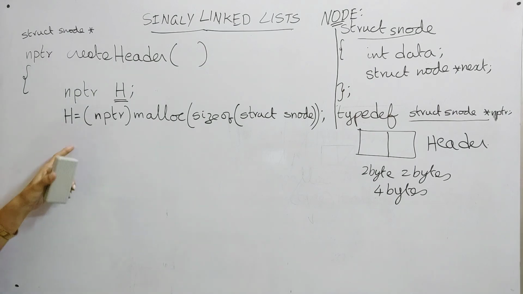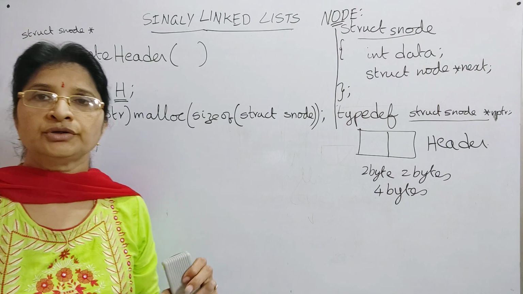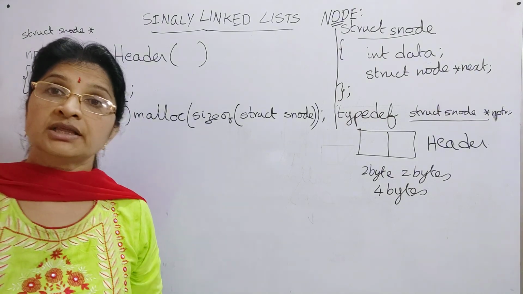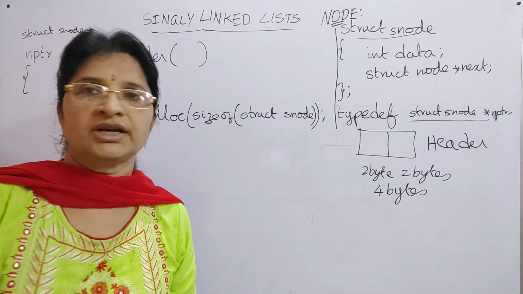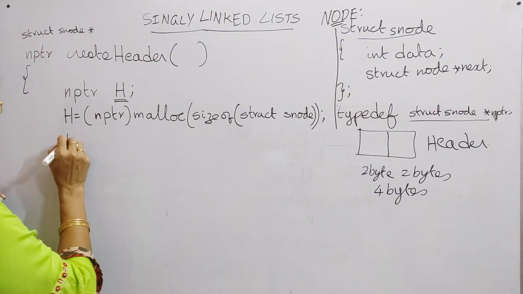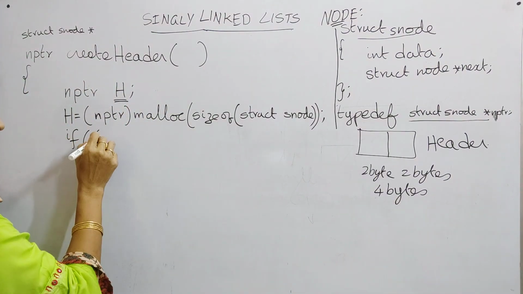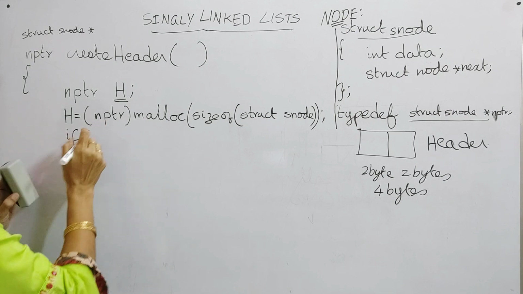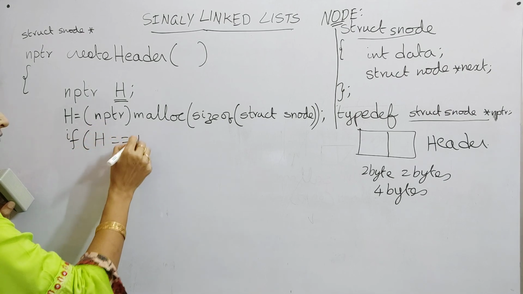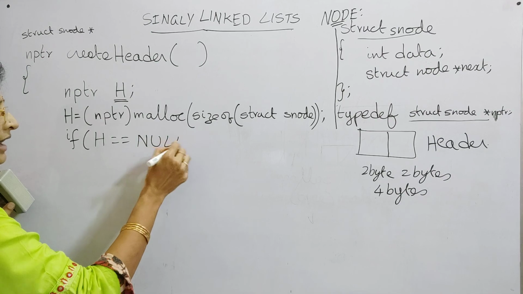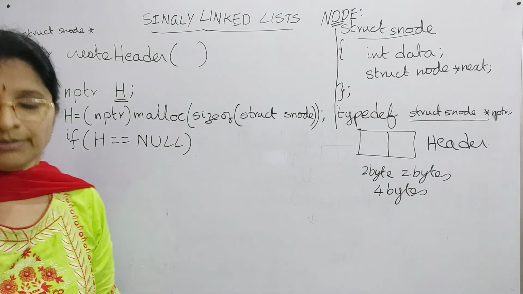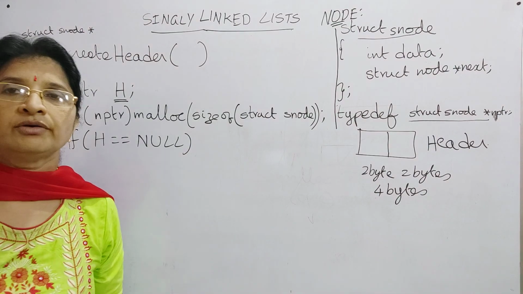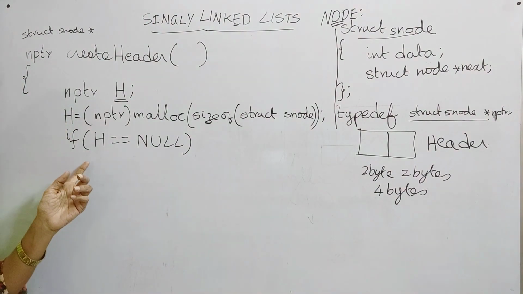Now we have to check whether the memory is allocated or not. Without checking we should not proceed. In order to check, if H is double equal to null, what are we doing here?